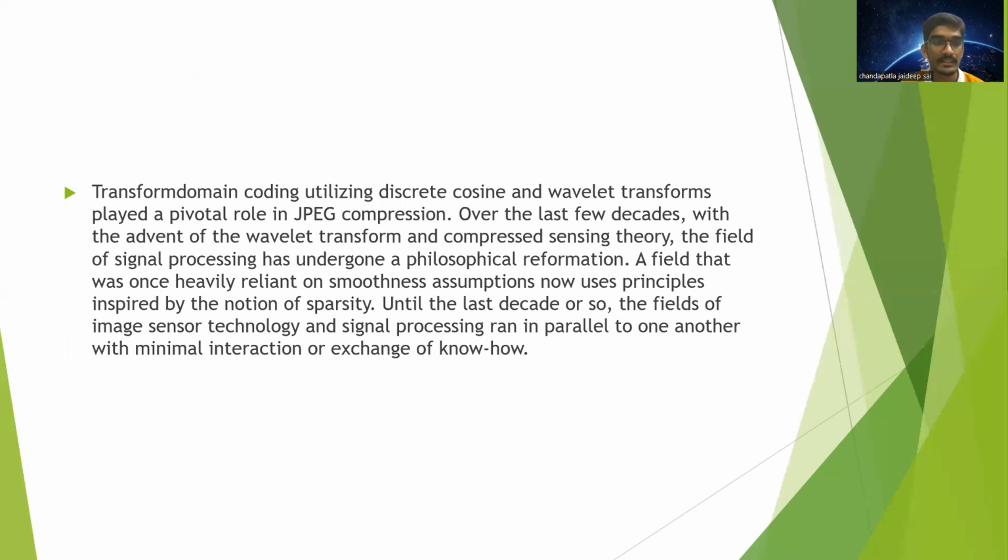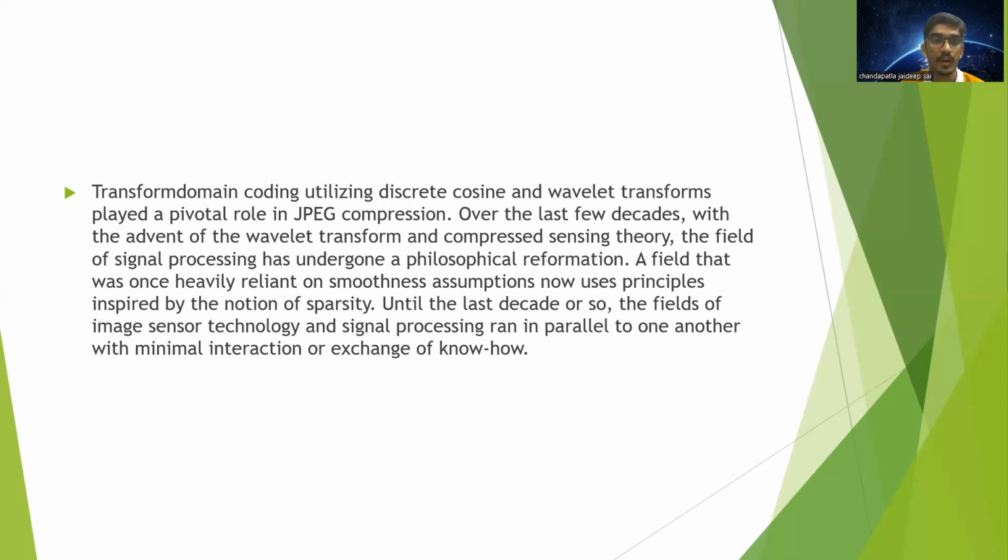A field that was once heavily reliant on smoothness assumptions now uses principles inspired by the notion of sparsity. Until the last decades or so, the fields of image sensor technology and signal processing ran in parallel to one another, with minimal interaction or exchange of know-how.